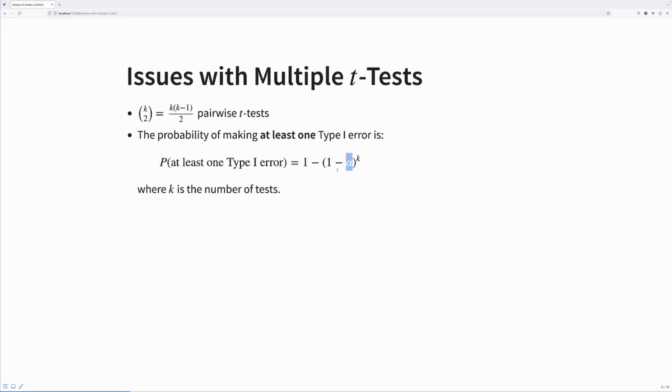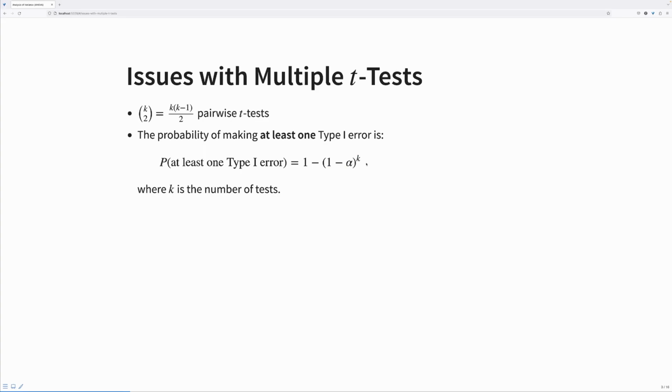So here is how we calculate the probability of at least one type 1 error. For one single t-test, the probability of making a type 1 error is alpha. And the complement, not making a type 1 error, is 1 minus alpha. Then for k tests, the probability of not making any type 1 error is (1 minus alpha) to the power of k.